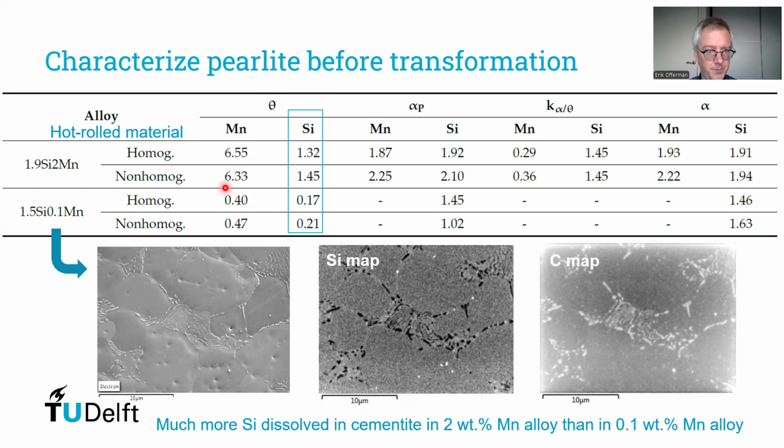Here we see there's a lower amount of manganese in the cementite, yet the overall alloy has a substantial amount of silicon, but there's only a relatively small amount of silicon in the cementite. And you see here that there's little silicon in these alloys at the places where you have the cementite, here where the carbon is high.